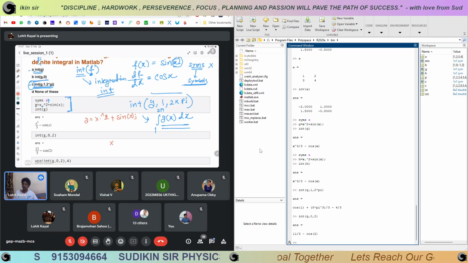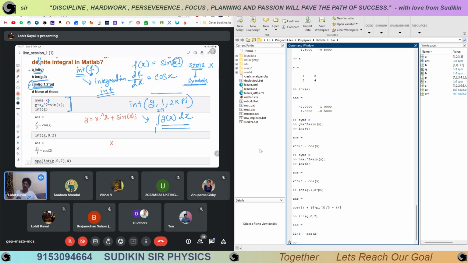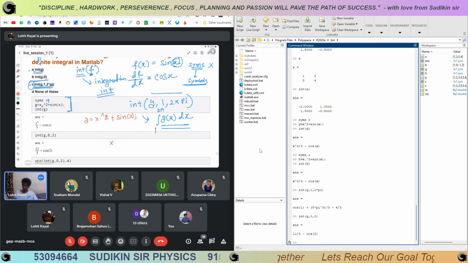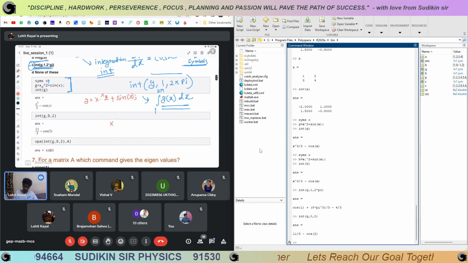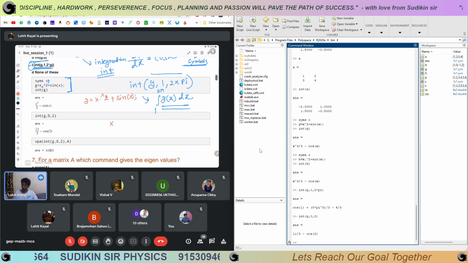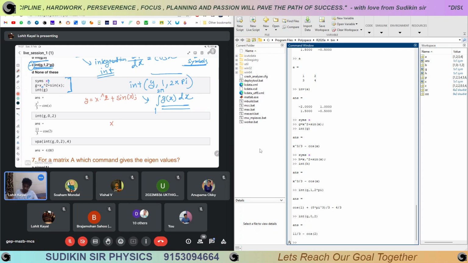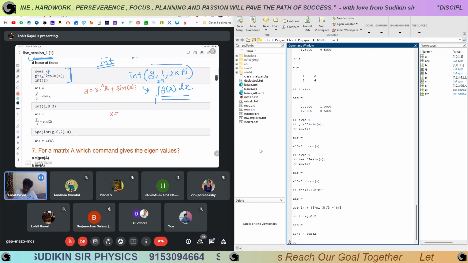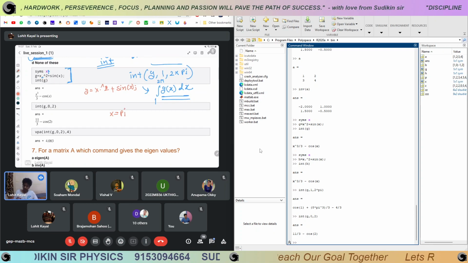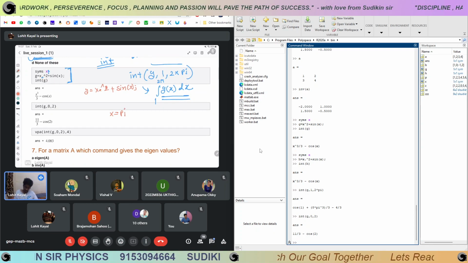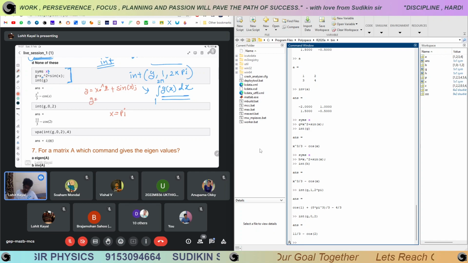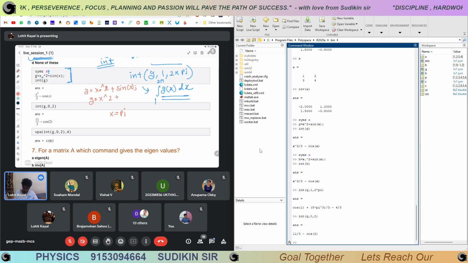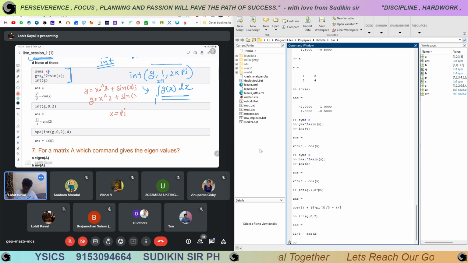Now the question is, find the value of df/dx at x equal to pi. Here I have to put x equal to pi or x equal to something. If x is just a single number, then we don't have to put this dot here. We can just write g equal to x square plus sine of x.